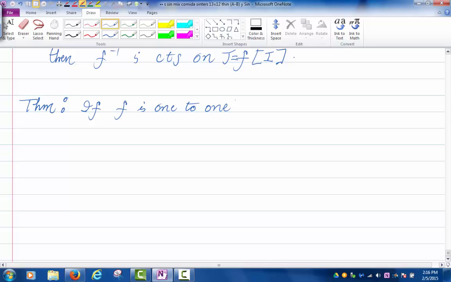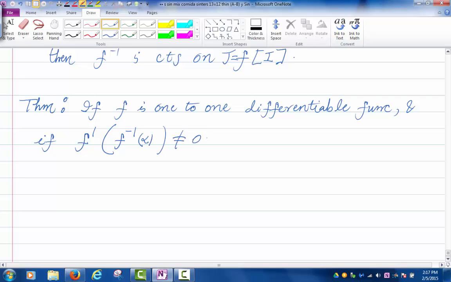If f is a 1-to-1 differentiable function, and if the derivative of f evaluated at f inverse of some number alpha is not 0, then f inverse is differentiable at alpha.